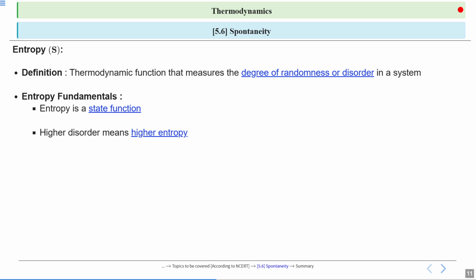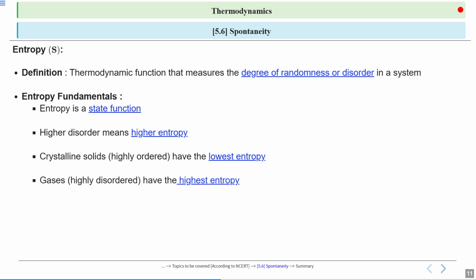Now, on the basis of this, can you say which of the states, so we have three states, solid, liquid and gas, which of the states will have a much more disordered situation? So your answer would be obvious. First of all, if I consider solid, it has the lowest entropy as compared to the other two states, right? Then we have a liquid, and lastly we have the gas.